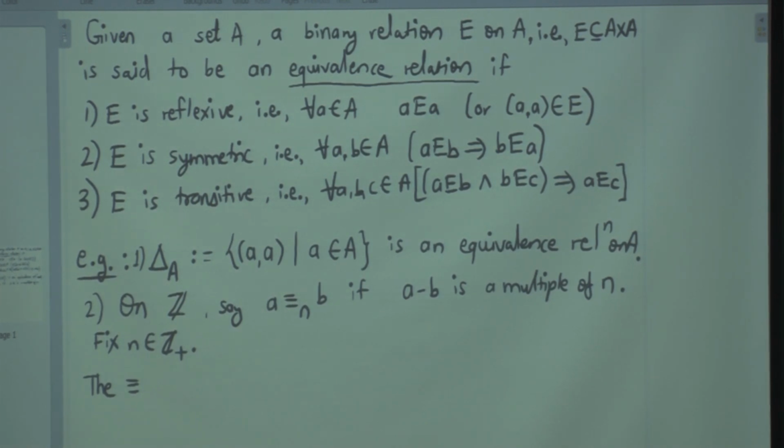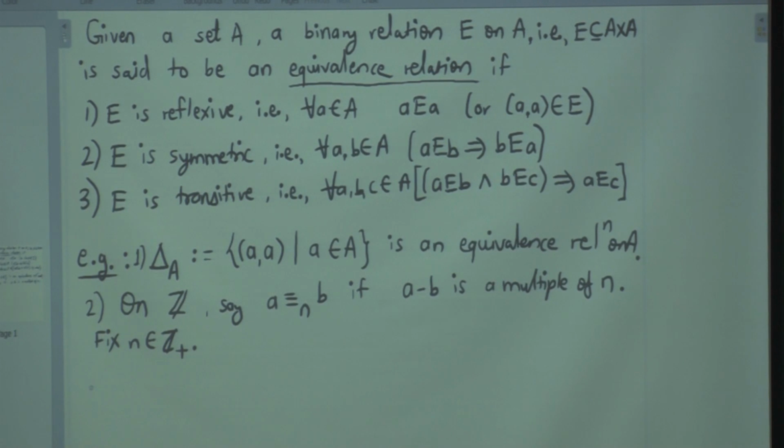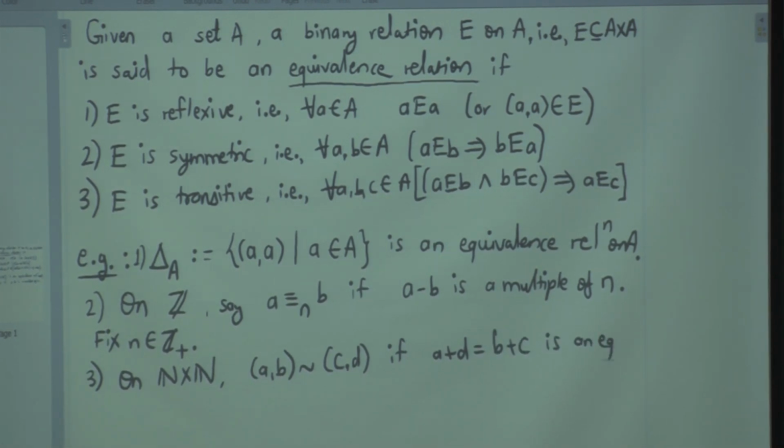we haven't yet defined equivalence classes. Let me do that again. Let me see if I have some other example written down. Okay, so I will recall something on N cross N. We defined this to be an equivalence relation: (A, B) related to (C, D) if A plus D is equal to B plus C. Correct?